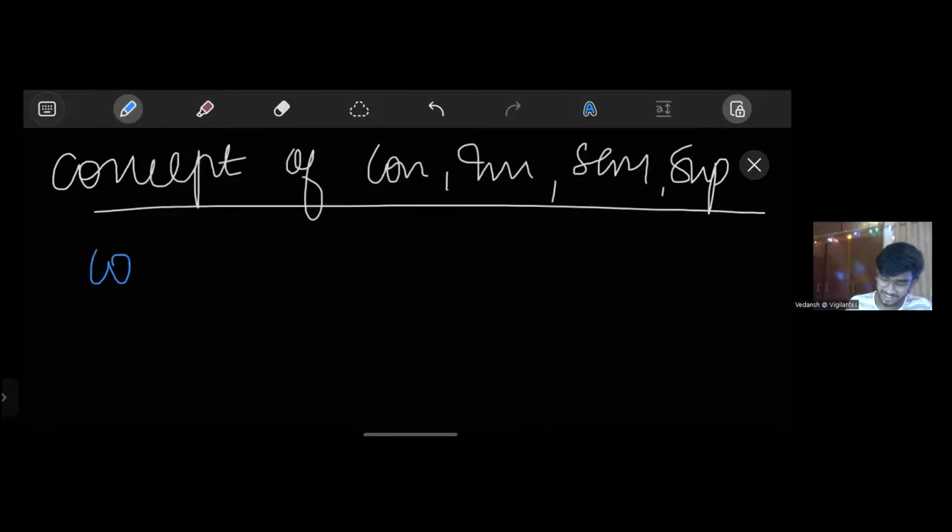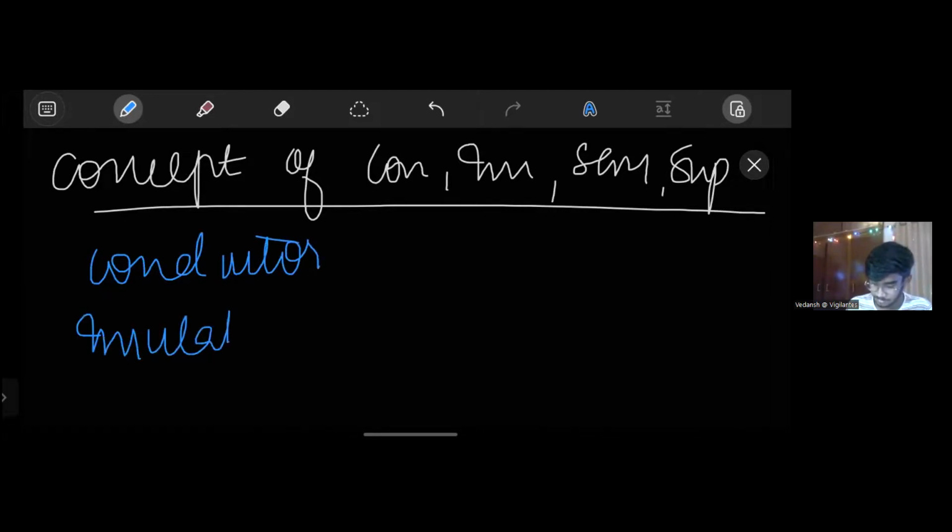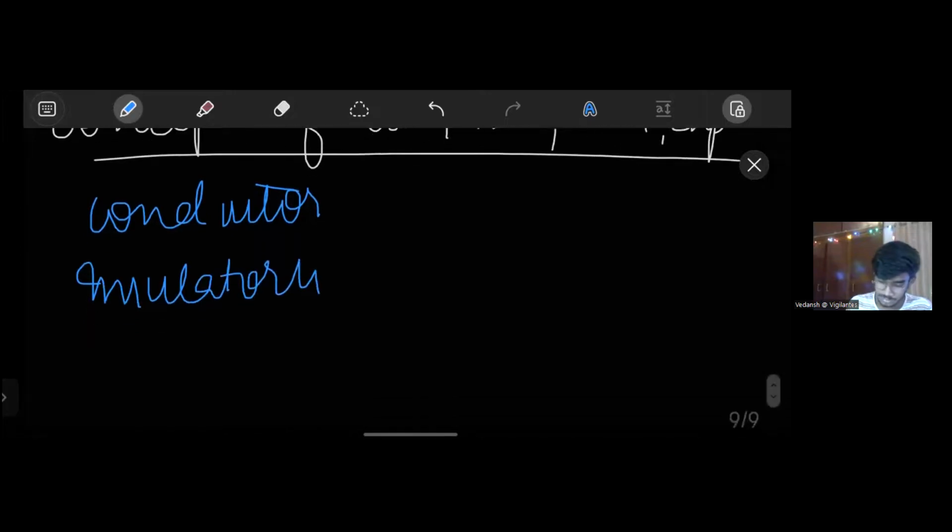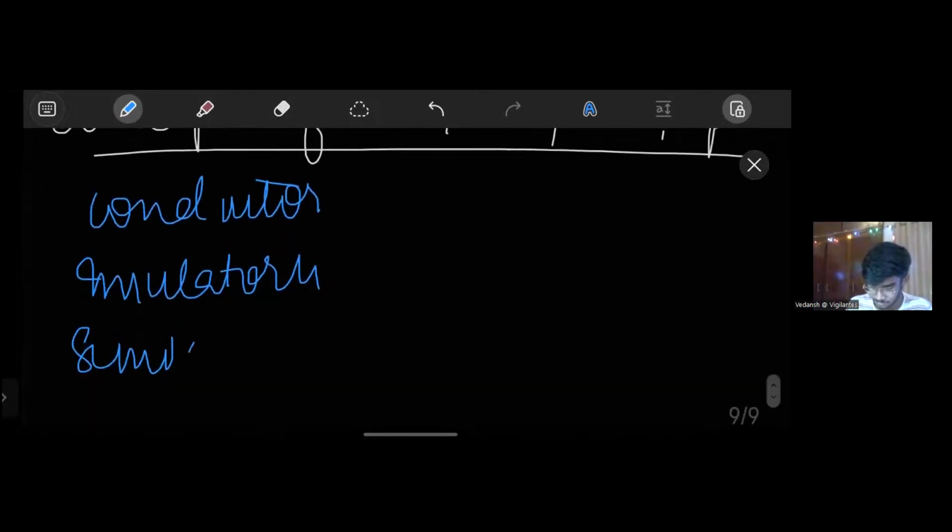Now, conductors, insulators, then I have semiconductors, then superconductors.